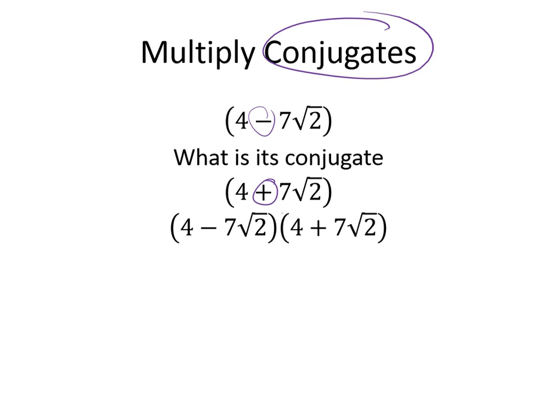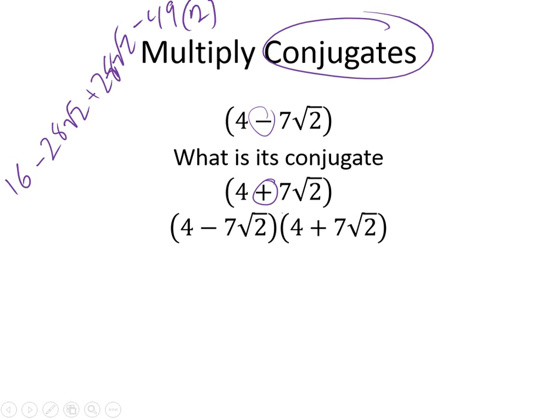Now when we multiply these together, we get 16 minus 28 root 2 plus 28 root 2, and then minus 49 times the square root of 4, which is 2. And as you see, we get rid of our radical, which is what we're trying to do. This middle part disappears.